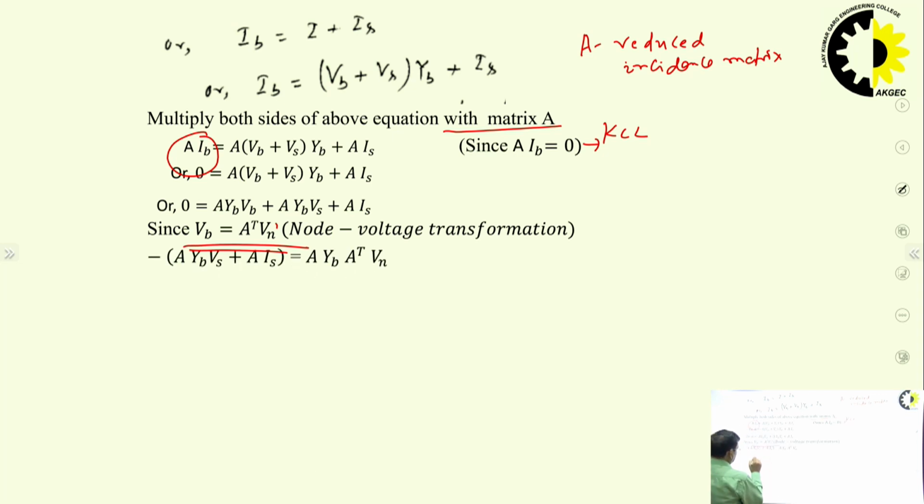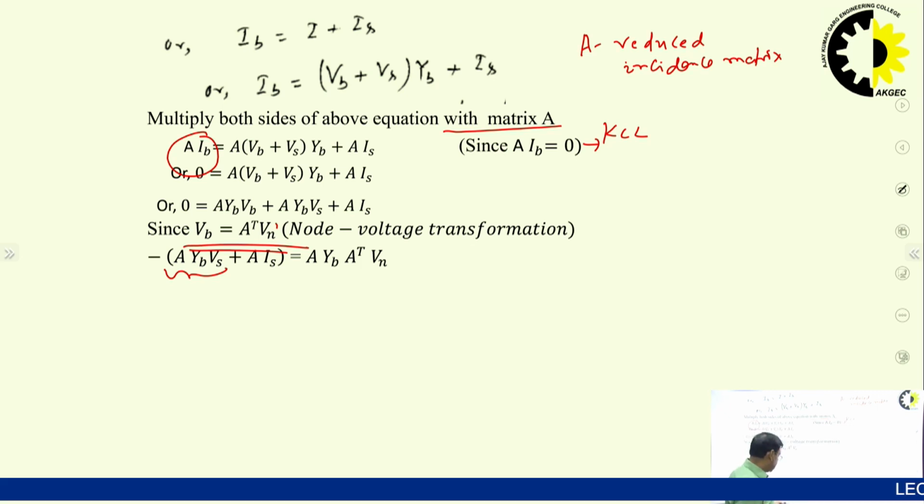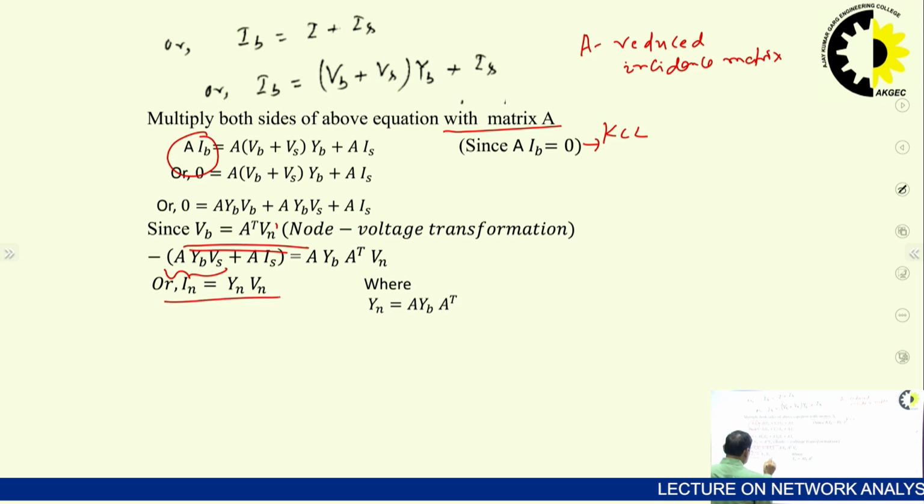Once we convert the voltage source present in the network into a current source while writing the nodal equations, we can get rid of this exercise. That is why it is convenient to convert any voltage source into its equivalent current source. So, this is your node equation.